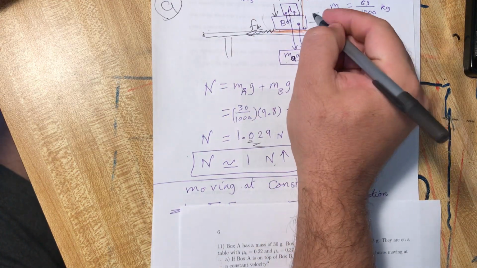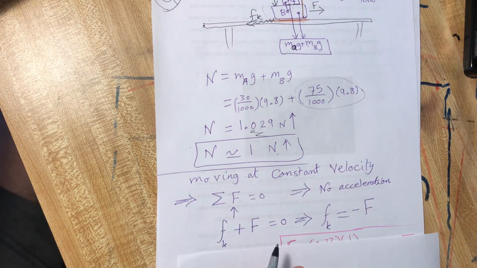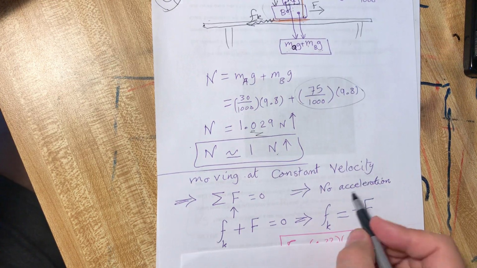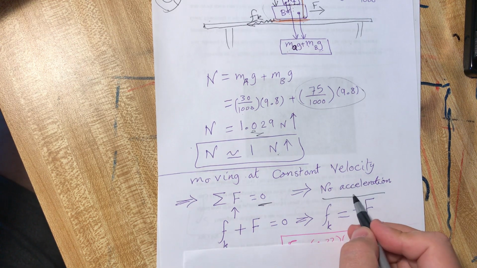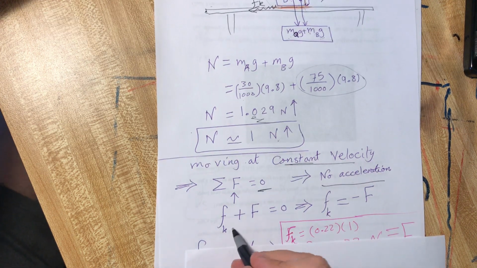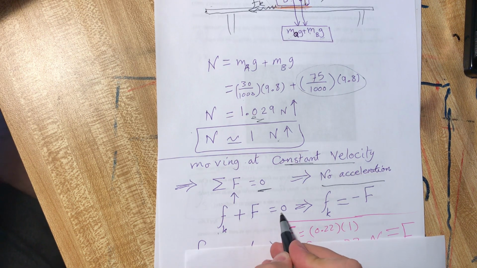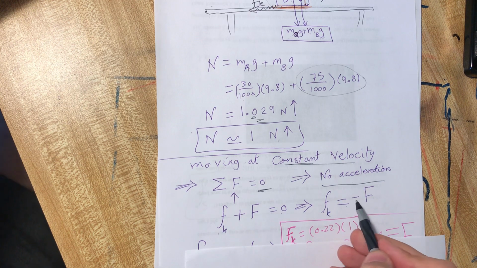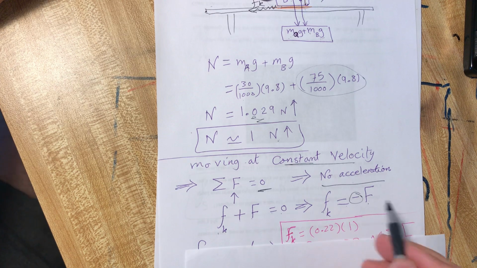So we need them to be zero, because we don't want acceleration. If the total force is zero, then the acceleration is zero because we have constant velocity. So the friction force plus the applied force must be equal to zero. So the friction force is negative, opposite in direction to the applied force, but in magnitude they are the same.